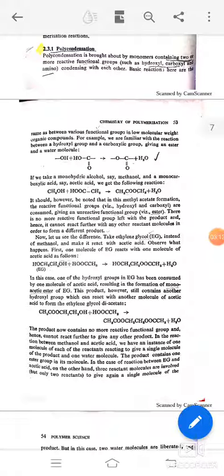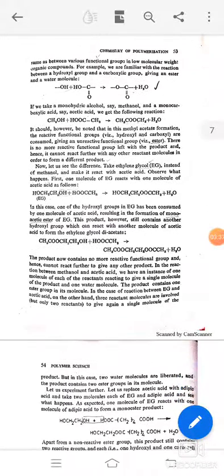In this reaction, one of the hydroxyl groups of ethylene glycol has been consumed by one molecule of acetic acid, resulting in the formation of the monoacetic acid ester of ethylene glycol. This product, however, still contains another hydroxyl group, which can react with another molecule of acetic acid to form ethylene glycol diacetate.